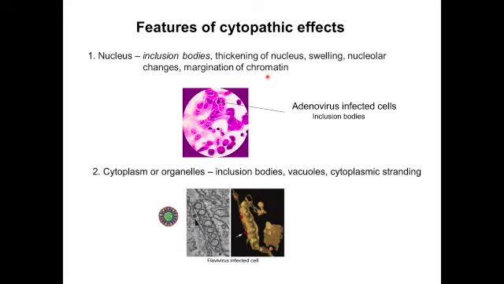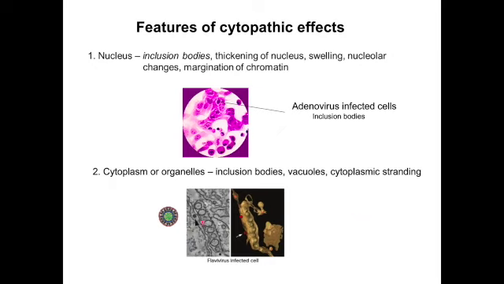We can also see a lot of changes to the cytoplasm or the organelles of our infected cells, depending again on where that virus replicates. Inclusion bodies, again, is one of the big things that we can see. We can also see vacuoles or stranding within the cytoplasm, so the formation of really thick strands of proteins in the cytoplasm.